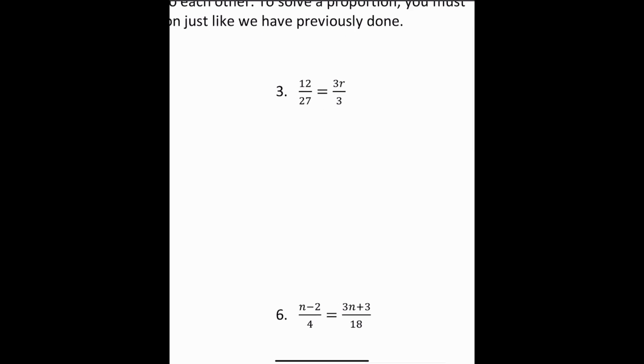Number 3, 12 over 27 equals 3r divided by 3. I cross multiply. 27 times 3r equals 12 times 3. 27 times 3r is 81r equals 36. Divide both sides by 81. So r equals 36 over 81.